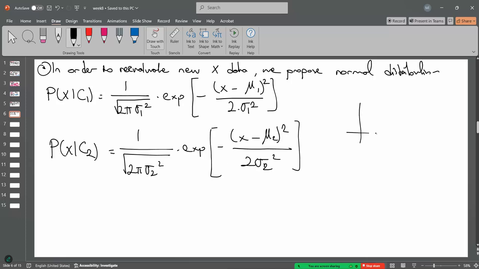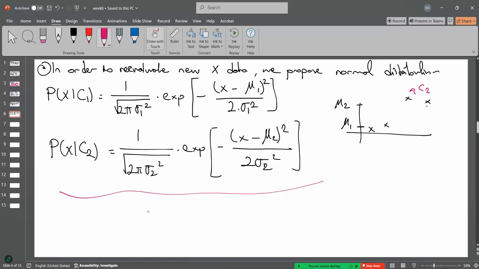For example, if I have these parameters, maybe mu1 is assigned in here, mu2 is assigned in here, and so I should put the data in here, here, here, and here. Maybe this is the C2 class, because for a given C2, this X value's probability is represented based on this formula. Okay? This is called likelihood. Benzerlik.